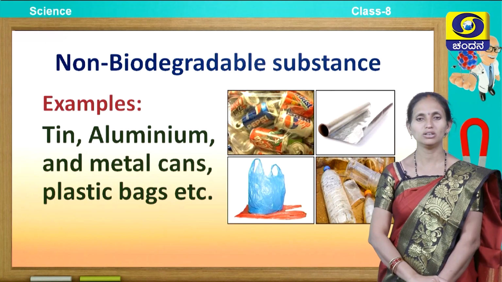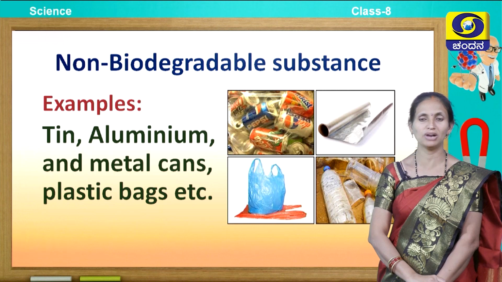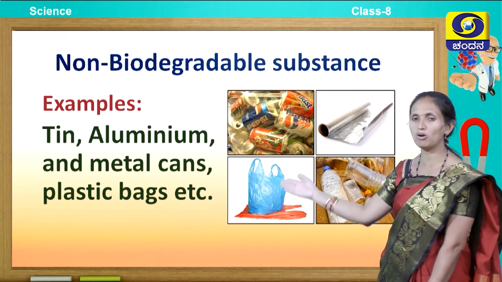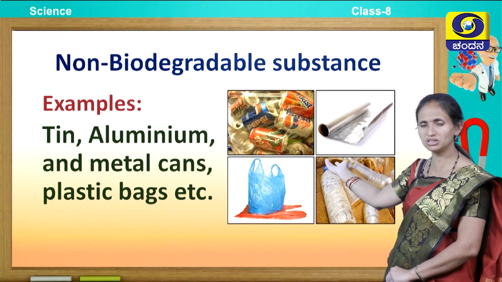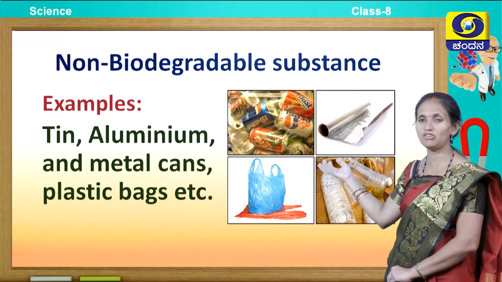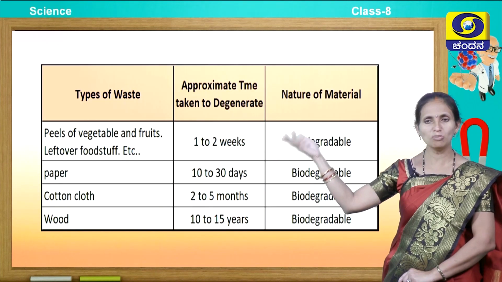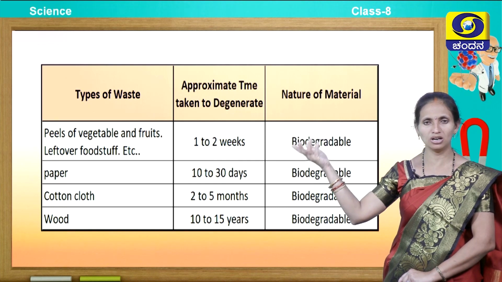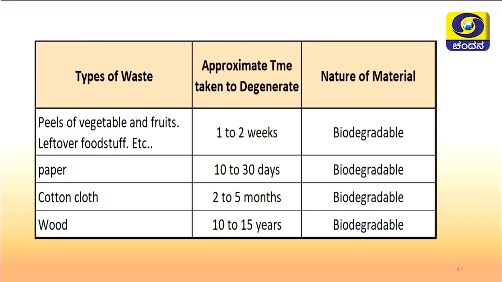Examples are metals like tin, aluminium, metal cans, plastic bags, plastic bottles. You can look in the pictures, children. These are some of the substances which do not decompose, they live for a long period in nature. So, let us check how much time some of the waste we throw takes to degrade.